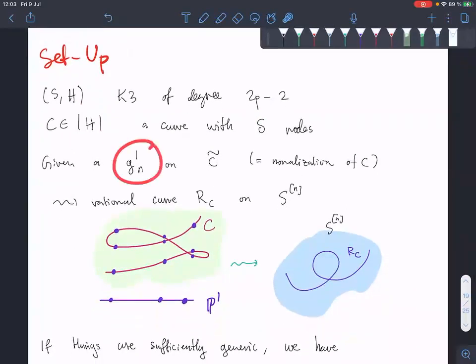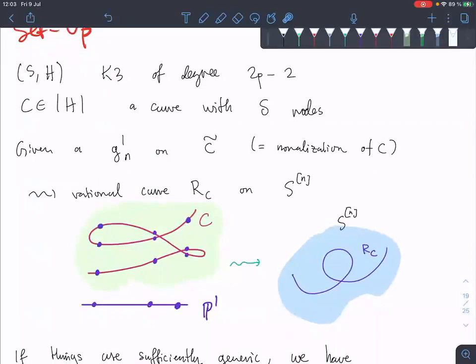If you have a linear system on the normalization of that curve, then you get a rational curve on this Hilbert scheme. So basically, we do the same thing, but now we consider singular curves, and the linear systems are on the normalization of the curve. But morally, it's the same.